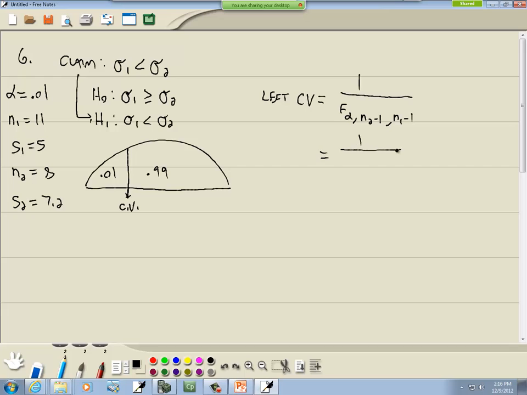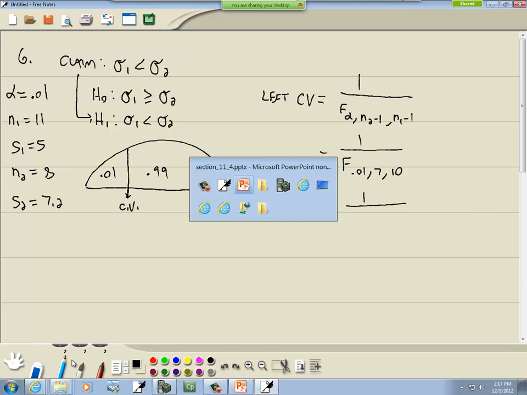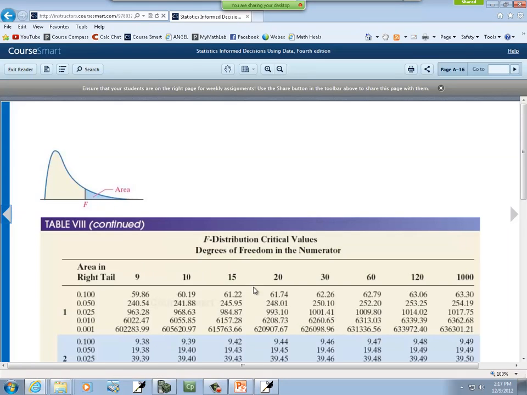So this will be 1 over F alpha, where alpha was 1%, n2 minus 1. n2 is 8, so 8 minus 1 is 7. n1 minus 1. n1 is 11, so 11 minus 1 is 10. So let's go look that up. So 7 and 10.